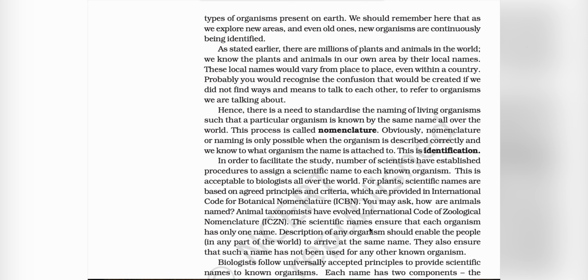The scientific names ensure that each organism has only one name. Description of any one organism should enable people in any part of the world to arrive at the same name. They also ensure that such a name has not been used for any other known organism.